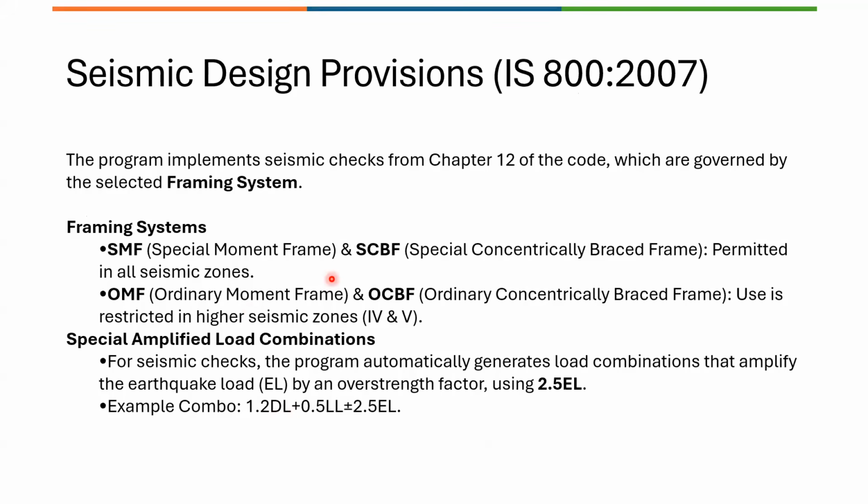Other than that, we also have the seismic design provisions based on AISC 341 covered. So frame systems, SMF and OMF, SMF and SCBF. We are going to discuss SCBF here. Special concentrically braced frames, the ductile one. So the relevant clauses from the code are implemented, and it also checks as per the framing system selected for the design in the design preferences.